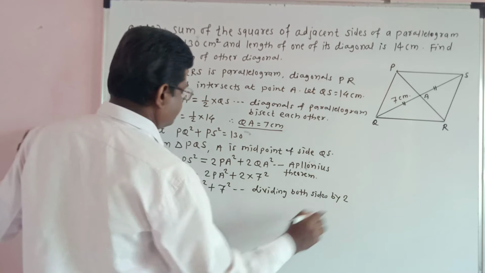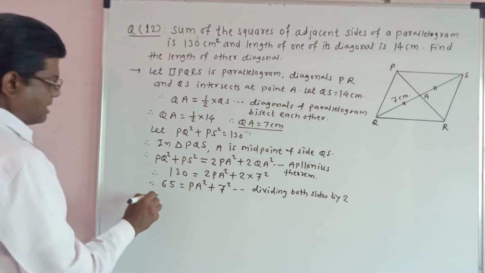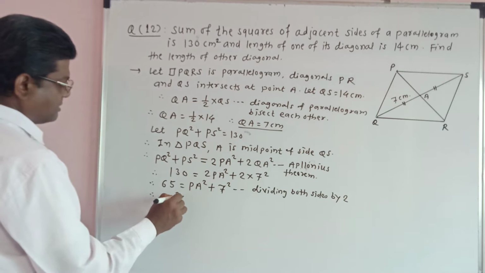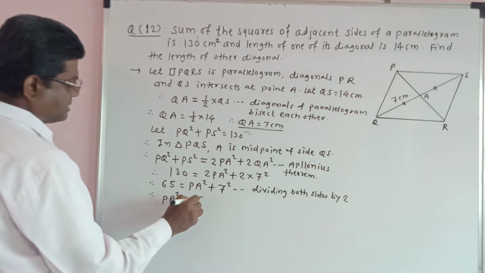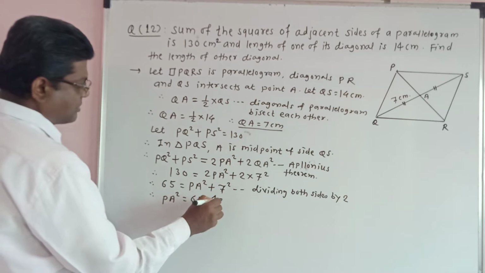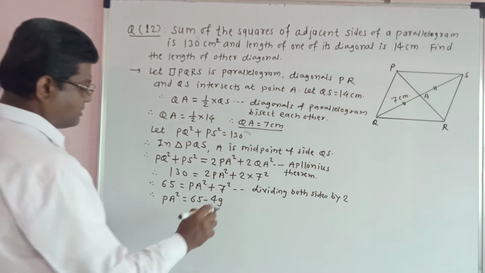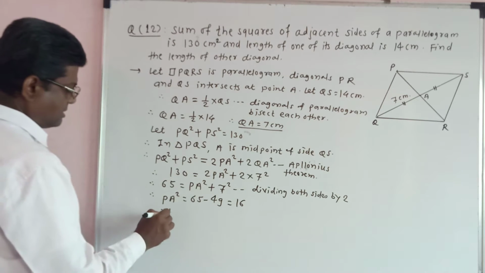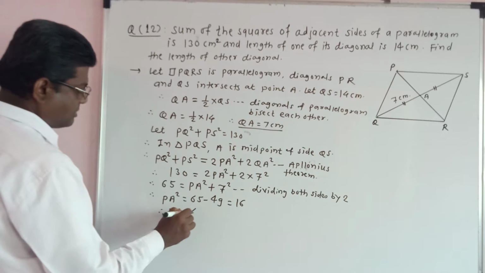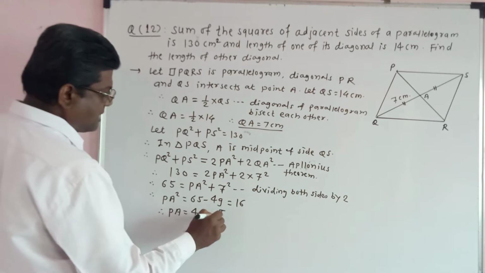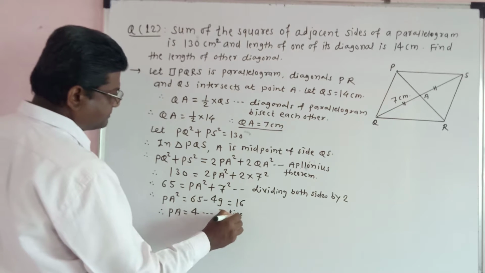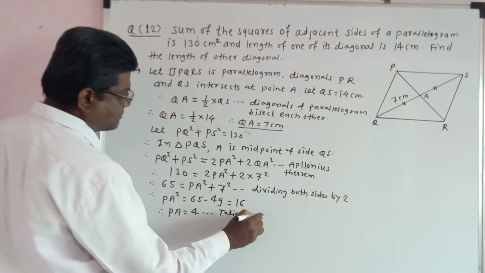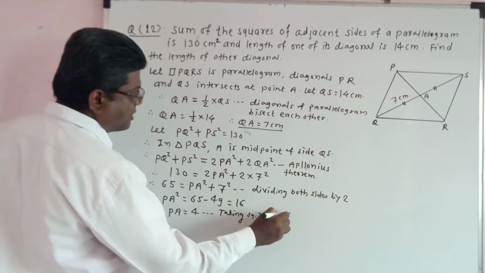Therefore, PA square is equal to 65 minus 49, since 7 square is 49. So 65 minus 49 is 16. Taking square root on both sides, therefore PA is equal to 4.